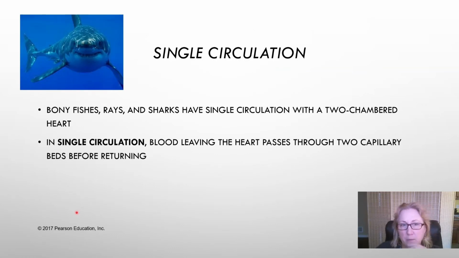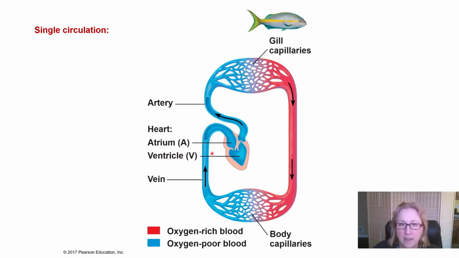Fish, including rays and sharks and the bony fishes, have what we call single circulation. So they don't have a pulmonary circulation and a systemic circulation like we do. Instead, the blood is pumped out of the heart and passes through both capillary beds, the gill capillary beds and the body capillary beds, or the systemic capillary beds. And their heart only has 2 chambers, 1 atrium, 1 ventricle, and it's one-way circulation.